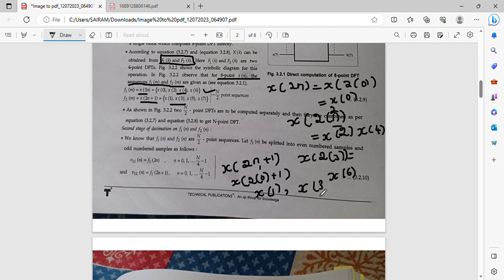Like that, if I substitute 2, what am I going to get? x of 5. So 2 into 2 is 4, 4 plus 1 is 5.